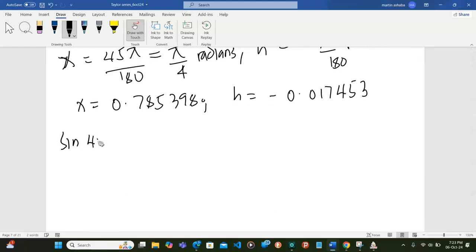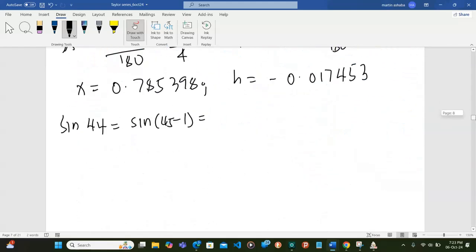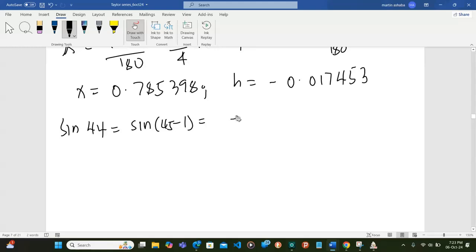Sine 44 will be the same as sine 45 minus 1. And this is going to be substituted in the equation. We are going to use equation star star.